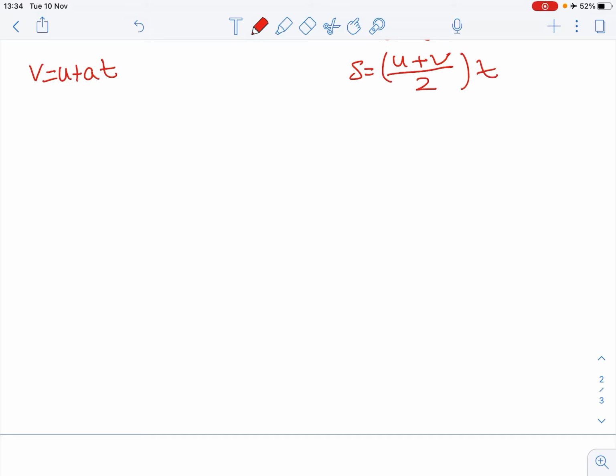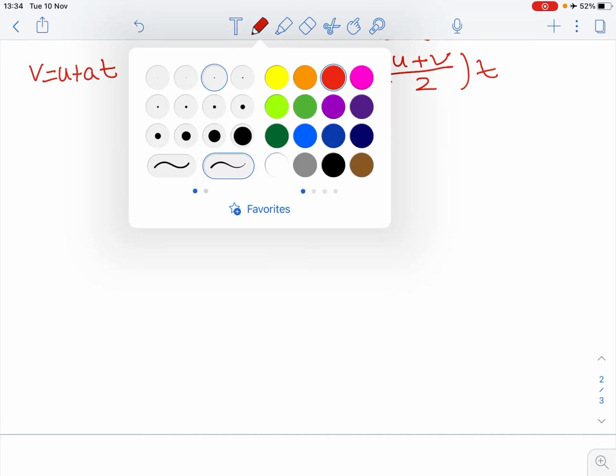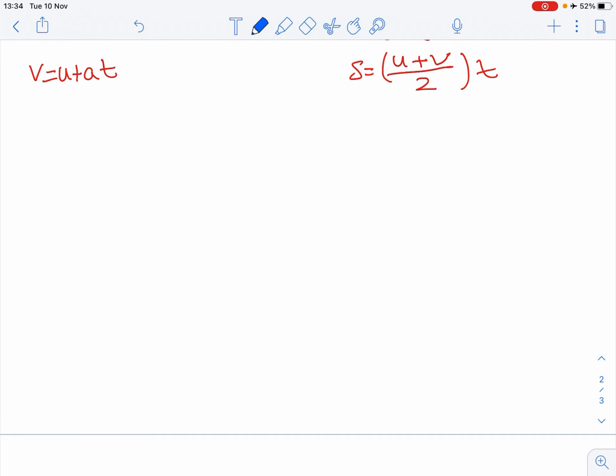This time we are not given the value of v, so we don't have the value of v. What we're going to do is substitute the equation for v into our displacement equation.